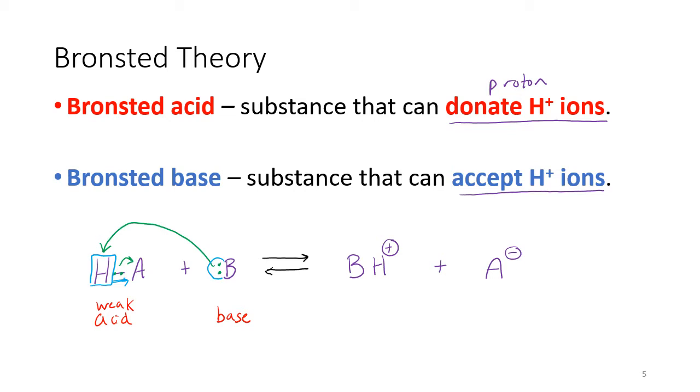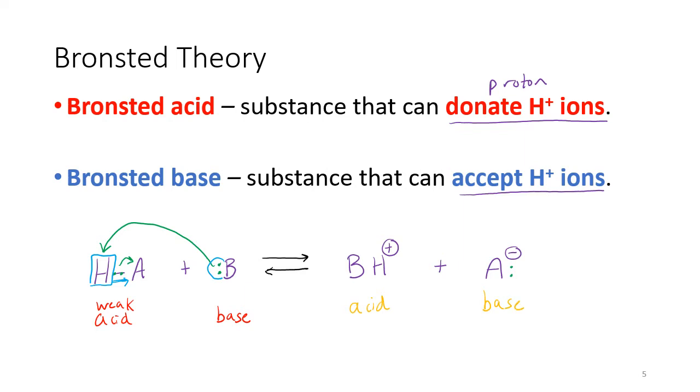Also notice that the products of any acid-base reaction are also another acid and another base. So when our base picked up a proton, now it has a proton and it could potentially act as an acid. So this species is an acid, and A- actually has a lone pair of electrons left over on it from that covalent bond staying with it, and so A- could be a base.